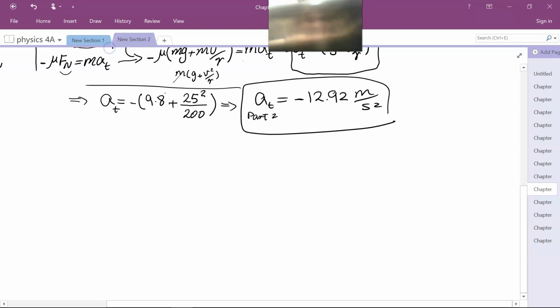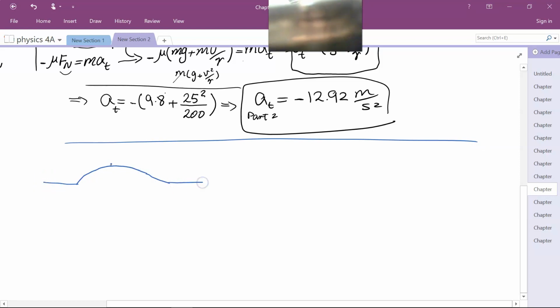Let me do part 3 with a different color. In part 3, actually your curve is like this. So your car is here. Let's verify forces very quickly. This is mg. Here is your center. This is Fn. And here is friction, because the car goes this direction, correct? It's the friction force. Now I have to apply sigma F on the r-axis, the same thing as the top one.